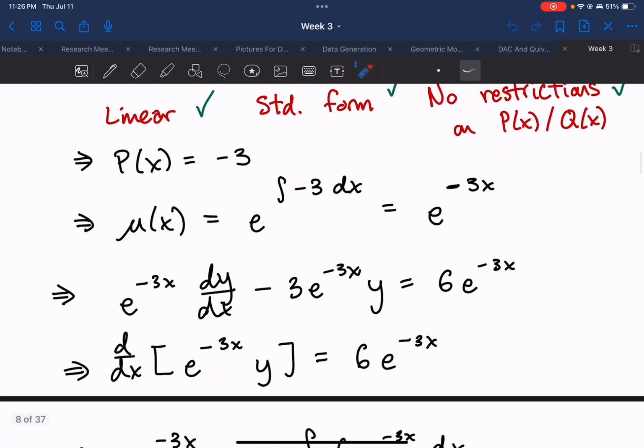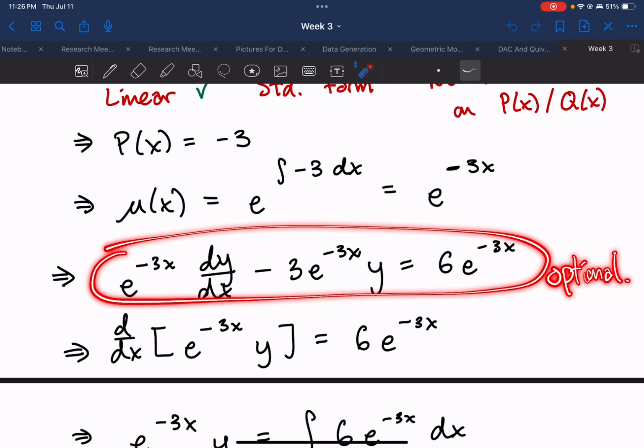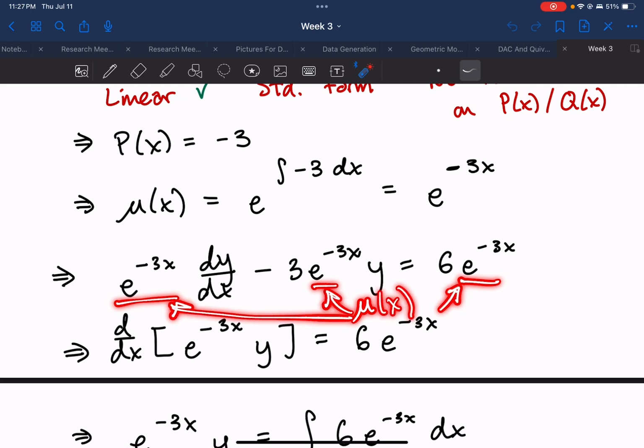Again, this step is optional. I'm going to multiply my whole equation through by mu.